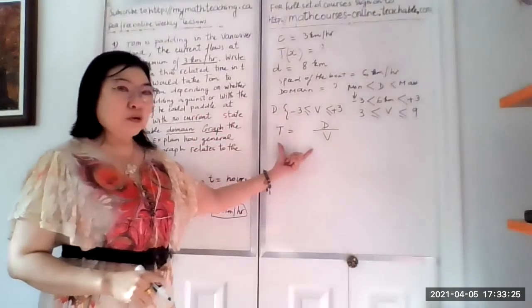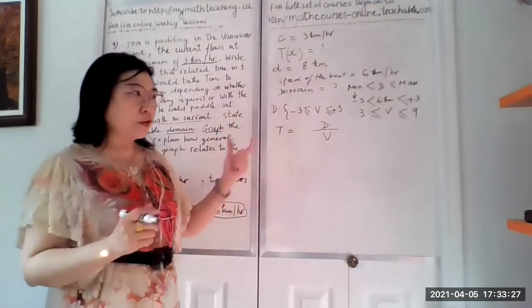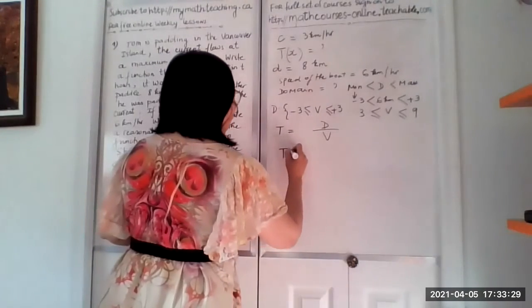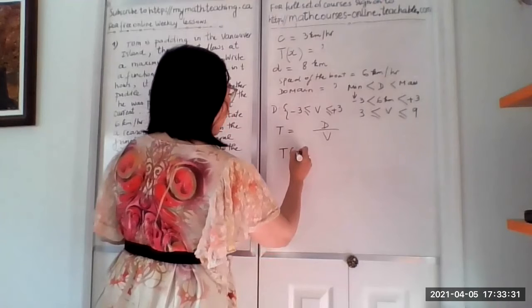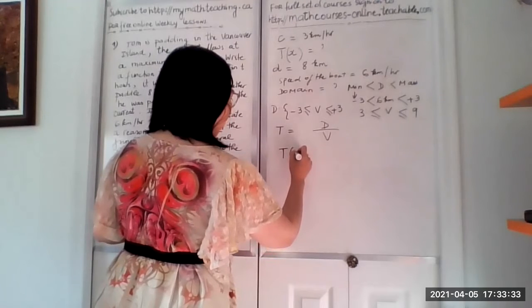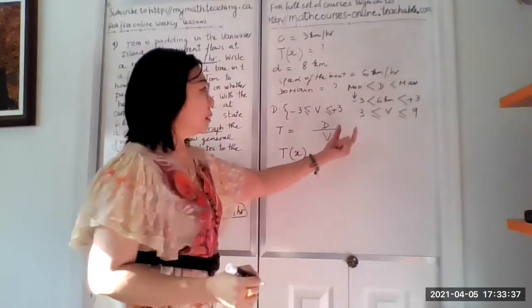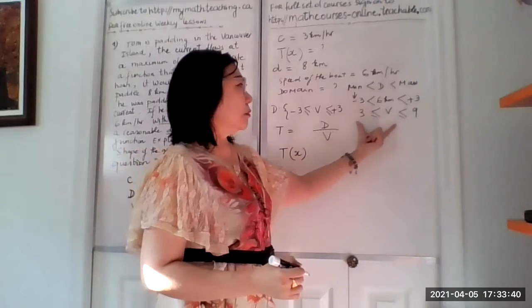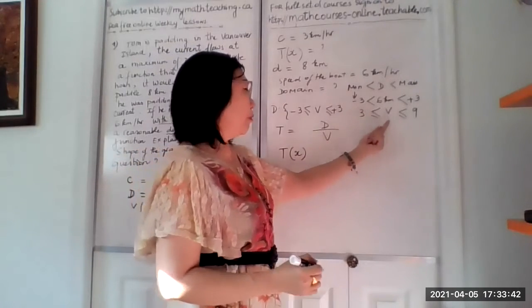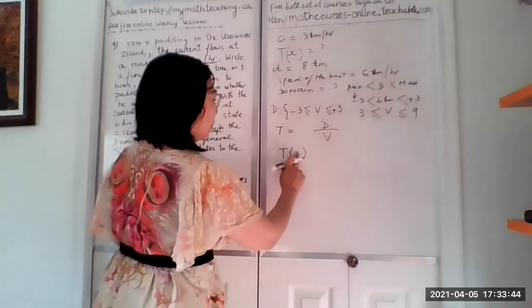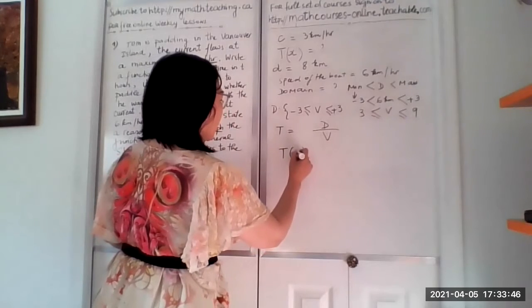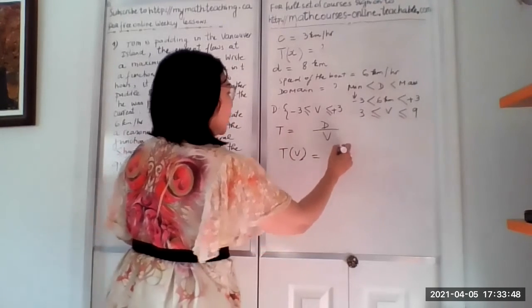Based on this model, we're going to establish our rational function t of a number, let's say x. And our x is this velocity. Now I put v, so maybe I change this to t of v instead of t of x, will be equal to distance divided by speed.